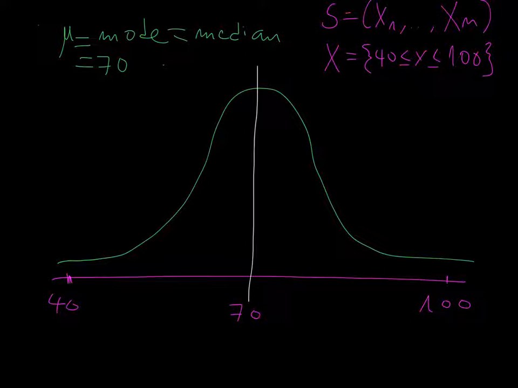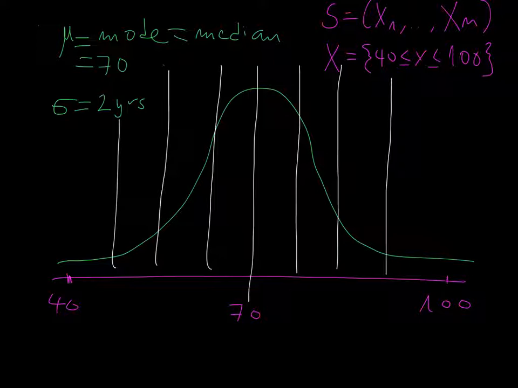Let's say the standard deviation, sigma, is 2 years. We split our graph into 3 standard deviations of 2 years each in both directions: negative 1, 2, 3 and 1, 2, 3.